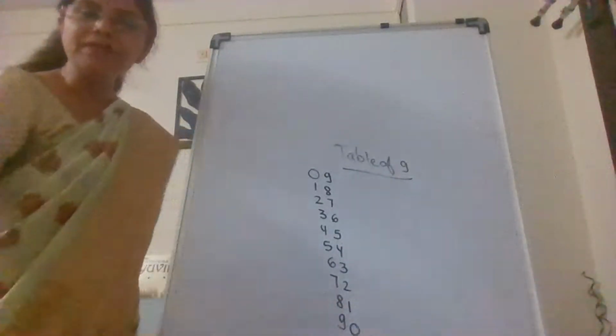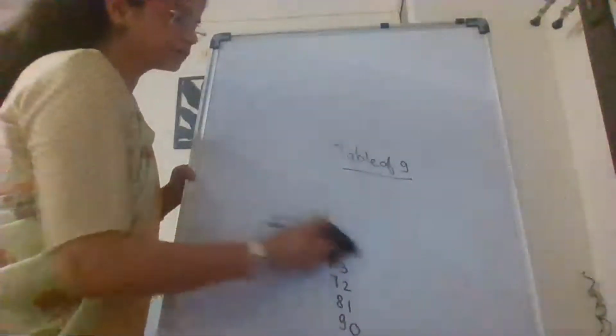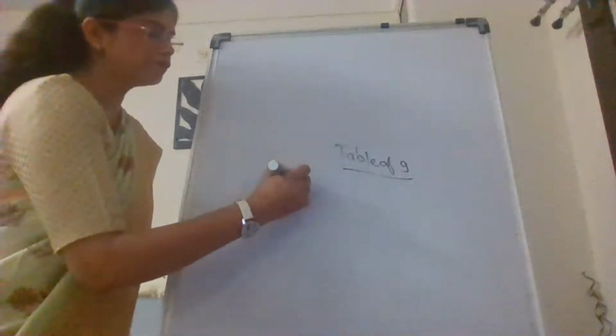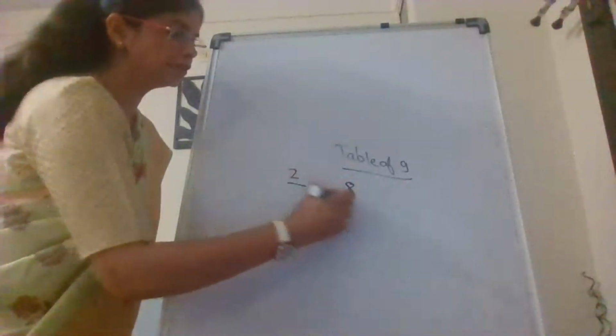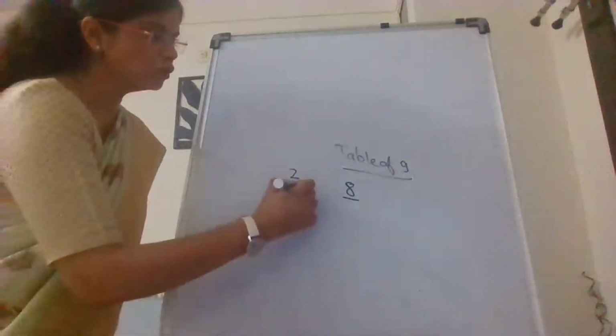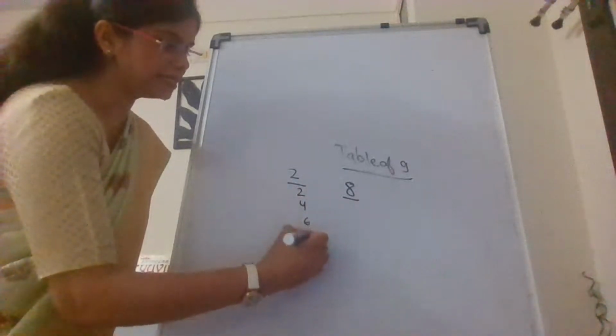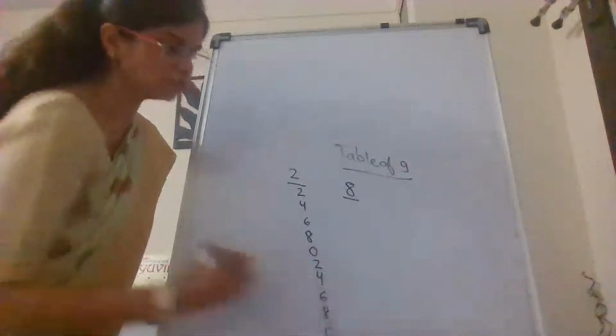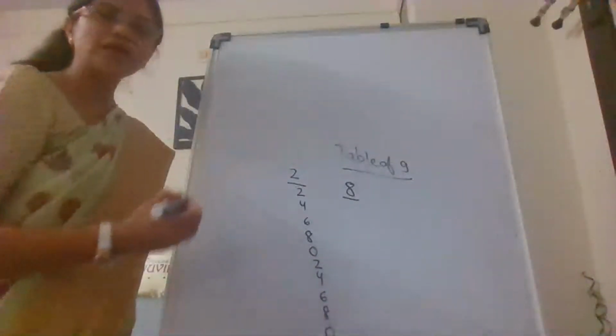Okay, let me tell you how to make the table of 8. This is table of 2 and this is table of 8. Okay, so for making the table of 2: 2, 4, 6, 8 and 0, and 2, 4, 6, 8 and 0. Now what you have to do?